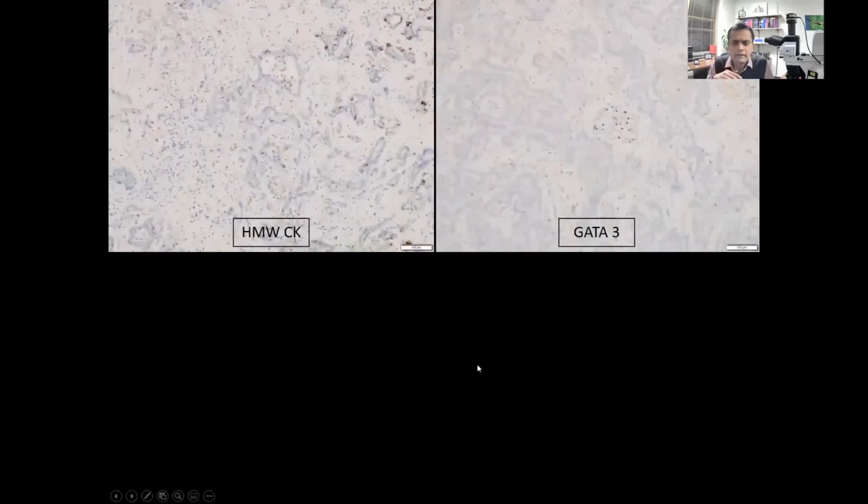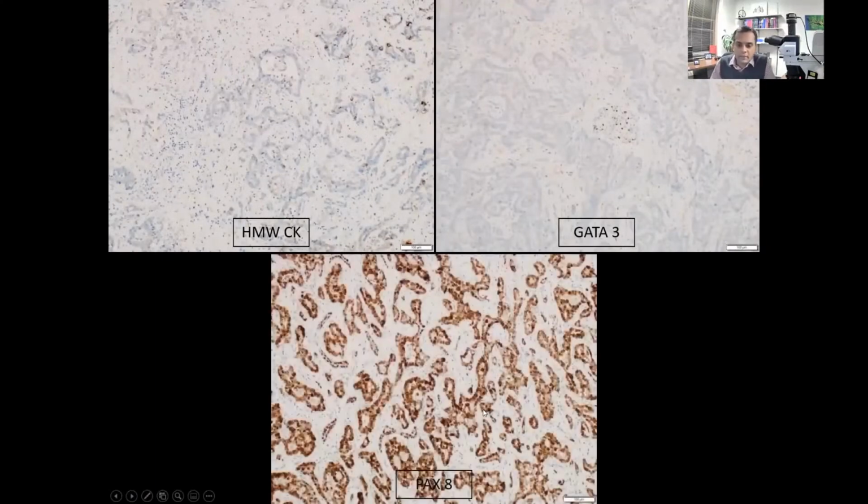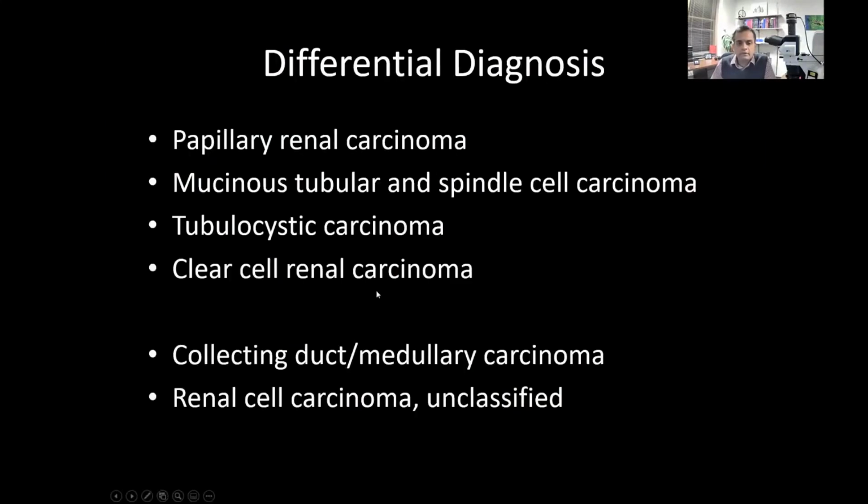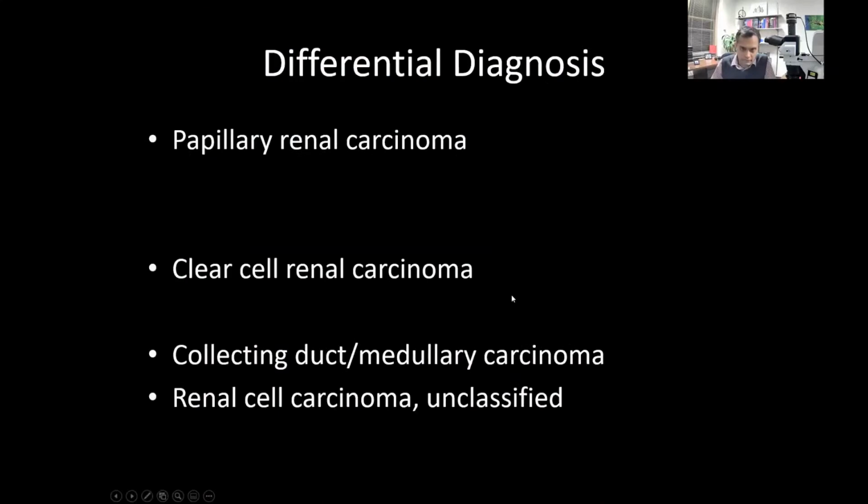So first of all, the easy thing to rule out would be a urothelial carcinoma. So well-known urothelial markers, high molecular weight cytokeratin and GATA3. The HMWCK is only focally positive and GATA3 is completely negative, right? And PAX8 is diffusely and strongly positive. So this essentially, for us, takes out urothelial carcinoma from the differential.